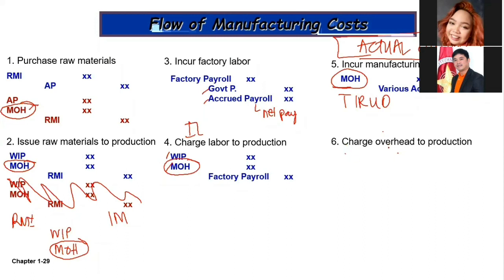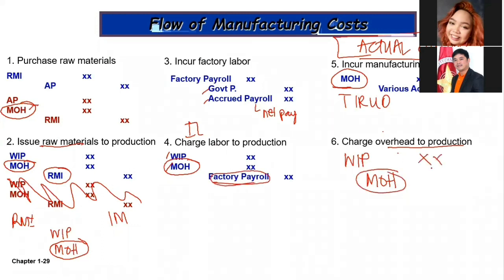And debit, dahil charge to production, debit work in process, i-charge mo. Ano i-charge mo? Yung overhead to production. Tingnan din po, what do you charge? Yun yung credit natin. Okay? Ayan. So debit work in process, and credit manufacturing overhead. So I hope that's clear.